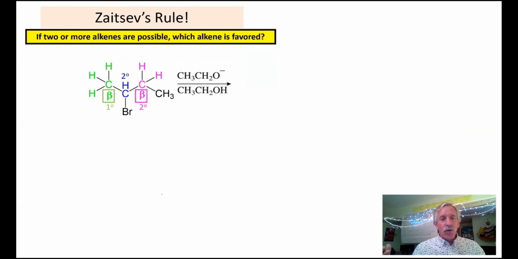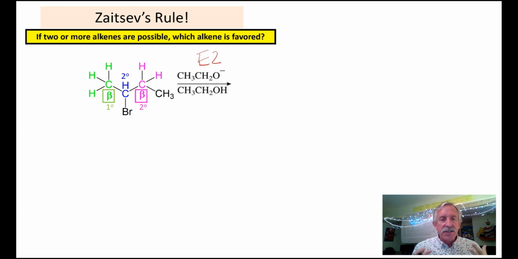Zaitsev's rule. Zaitsev rocks. This Russian had a great idea. He was able to study the formation of alkenes. And again, I just labeled this with all sorts of different colors for you. I still want you to classify this as an E2 reaction because the leaving group is on a secondary aliphatic carbon.